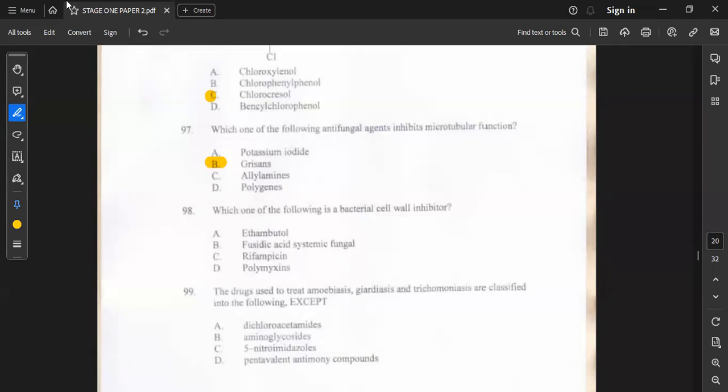Anybody else can add any other special information for the azoles. The imidazoles are given topically for cutaneous infections, and the triazoles are given systemically for treatment or prophylaxis of cutaneous and systemic fungal infections.